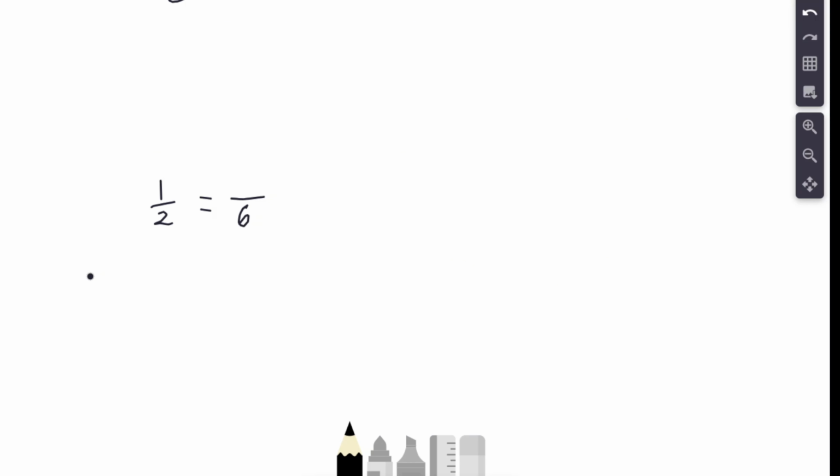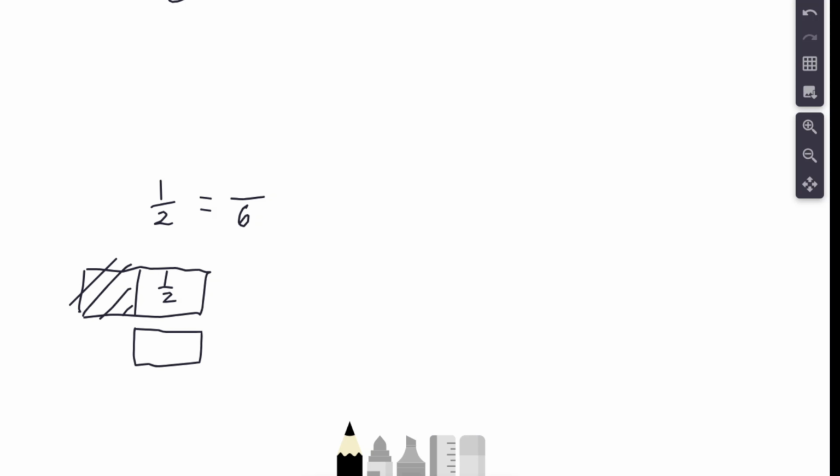So let's first visualize half. If we have one whole, you cut it into 2 equal parts, and this is half. So we don't need this other half, all right? And we want to cut half into 6, remembering that it will still be equal to this, all right?